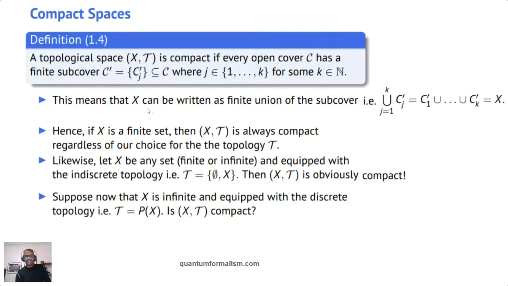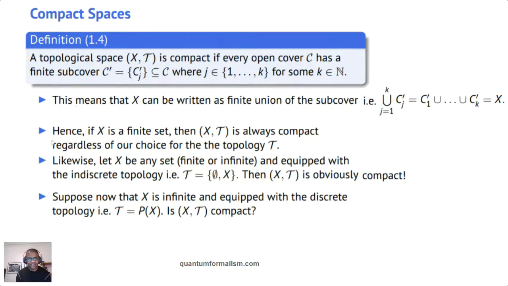This means that we can take X as a finite union, right? This makes it very clean. So for some K, we can cover X finitely. Dealing with the finite is better than dealing with something that's infinite, even if it's countable, let alone if it's uncountable. So this is what compact spaces give us.